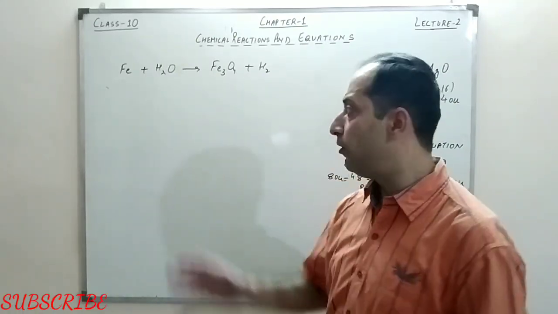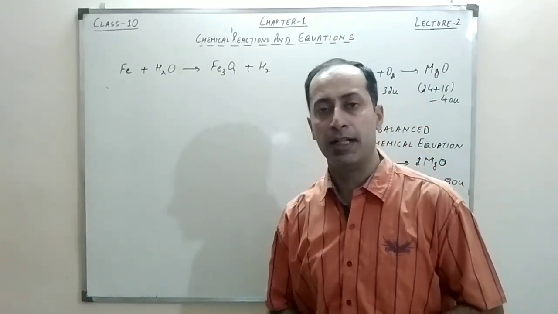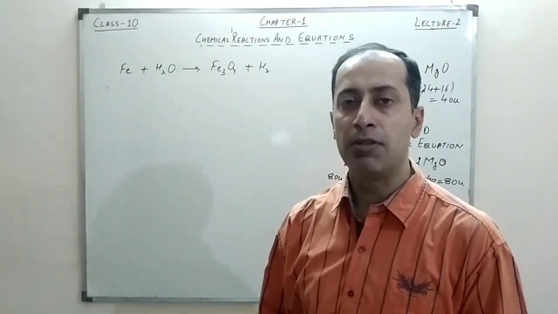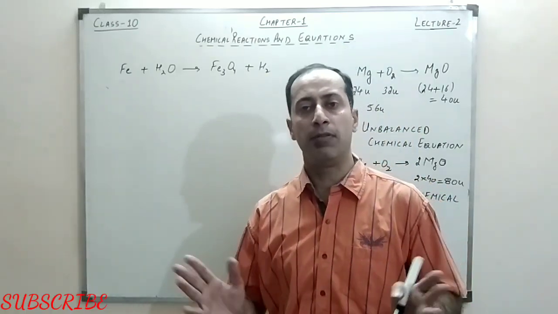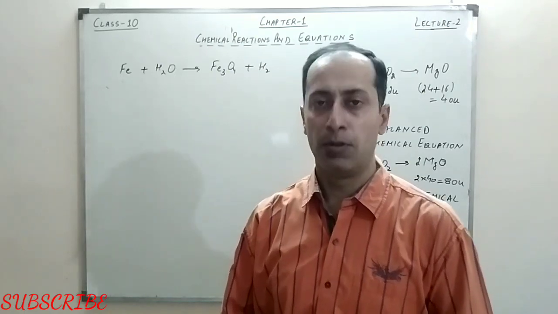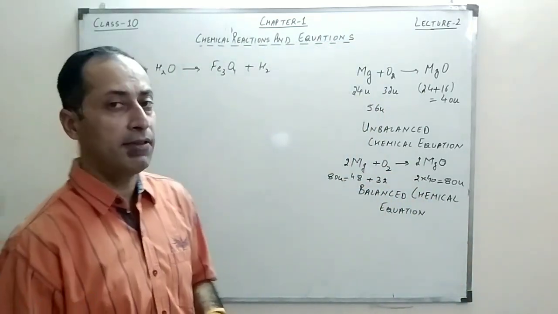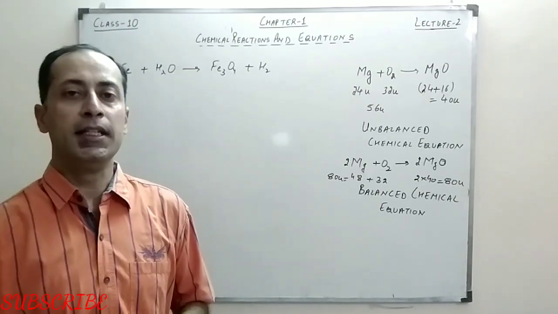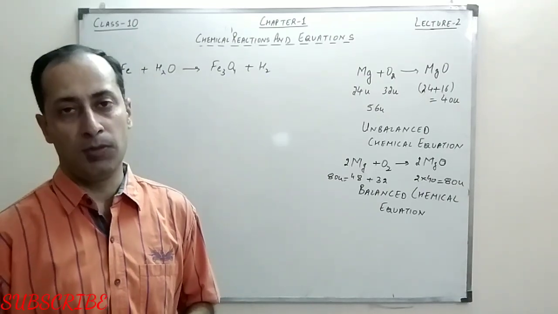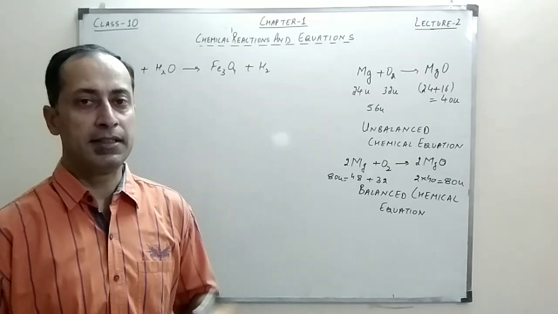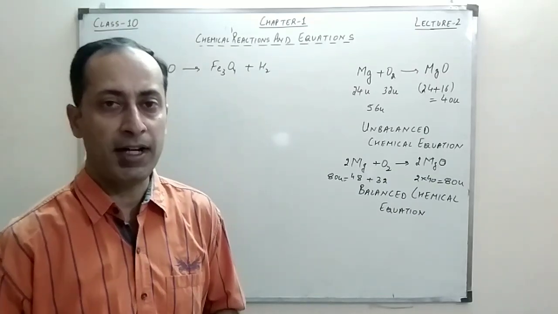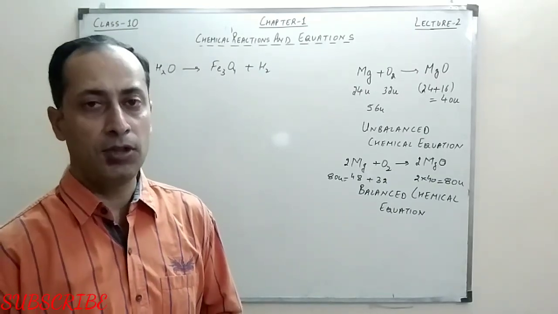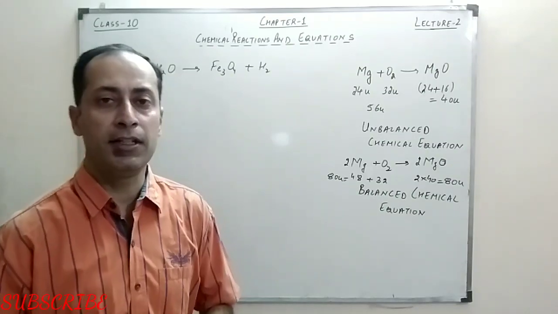You can write FeO, Fe2O3, or Fe3O4. All the 3 formulas are correct. But if it is given that the valency of iron has to be 2 or 3, then accordingly you will make the formula, otherwise it will become wrong. Since it is not specified which valency is being used, we have written Fe3O4.